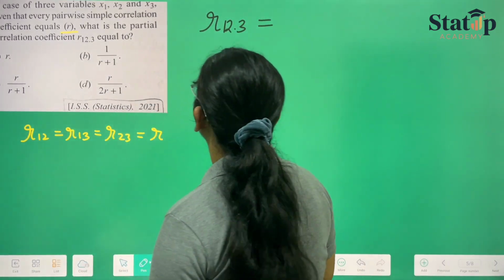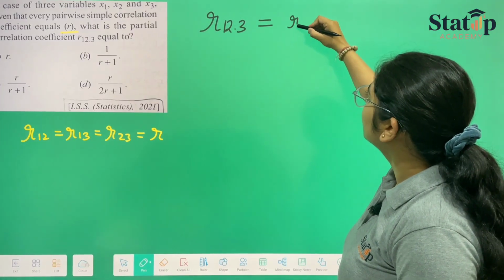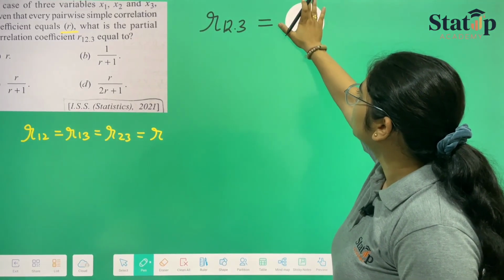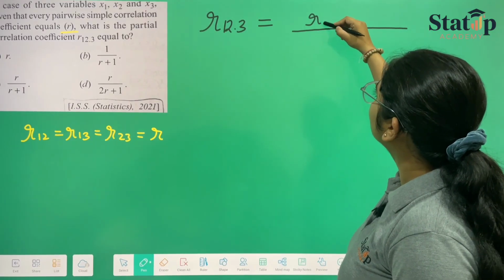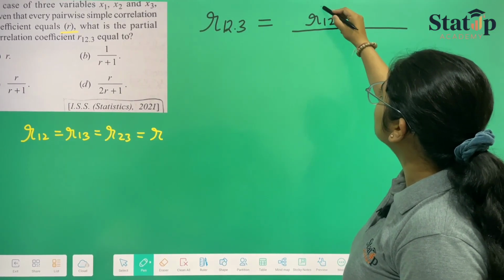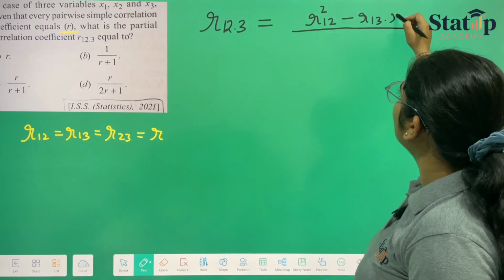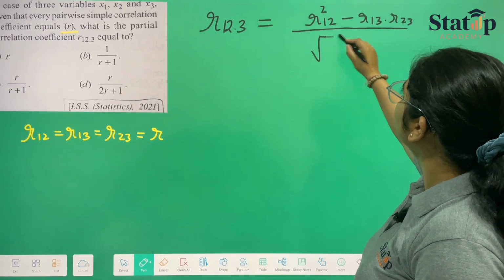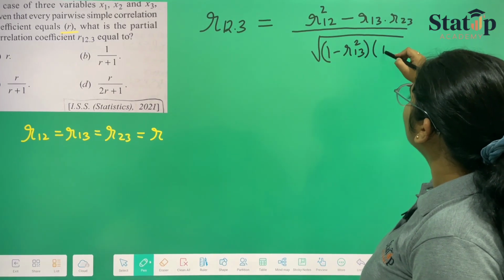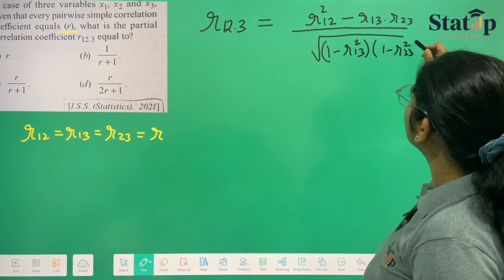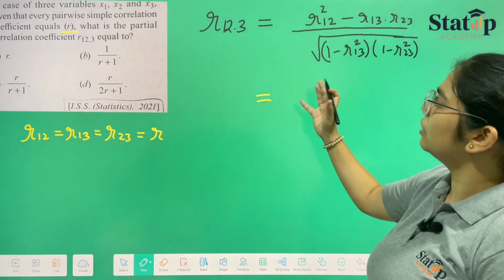Now the partial correlation coefficient has the formula R12 minus R13 into R23 upon under root 1 minus R13 whole square, 1 minus R23 whole square. Right? Now we just have to put the values in it.